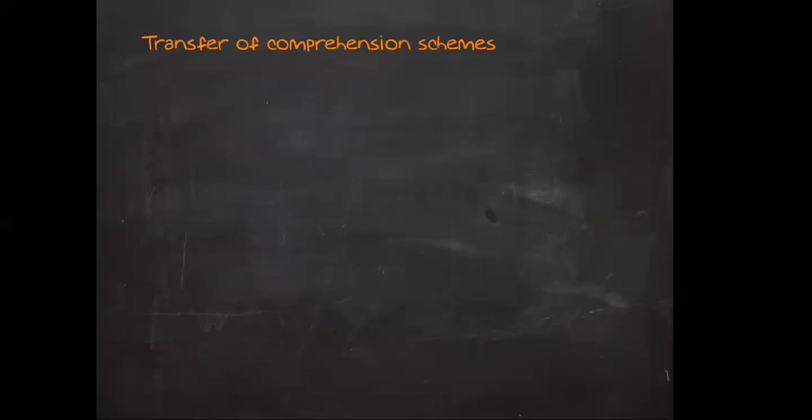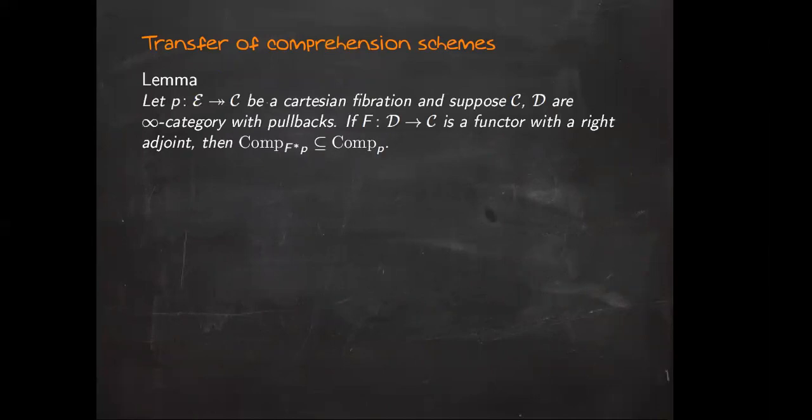So let's keep this in mind and look at the way we can move from one comprehension scheme to another. So there's the following lemma. If we have a Cartesian fibration and we change its base to another category, then whenever that change of base is a right adjoint itself, pullback preserves comprehension schemes, right?